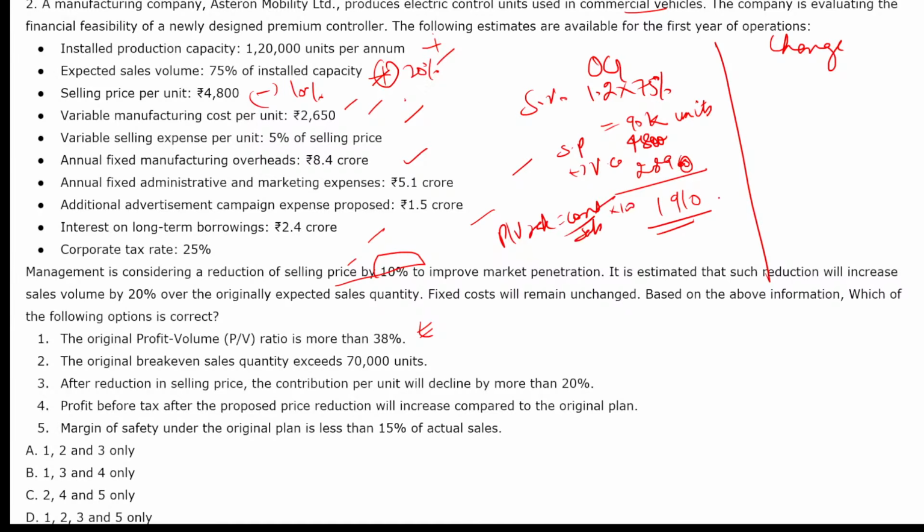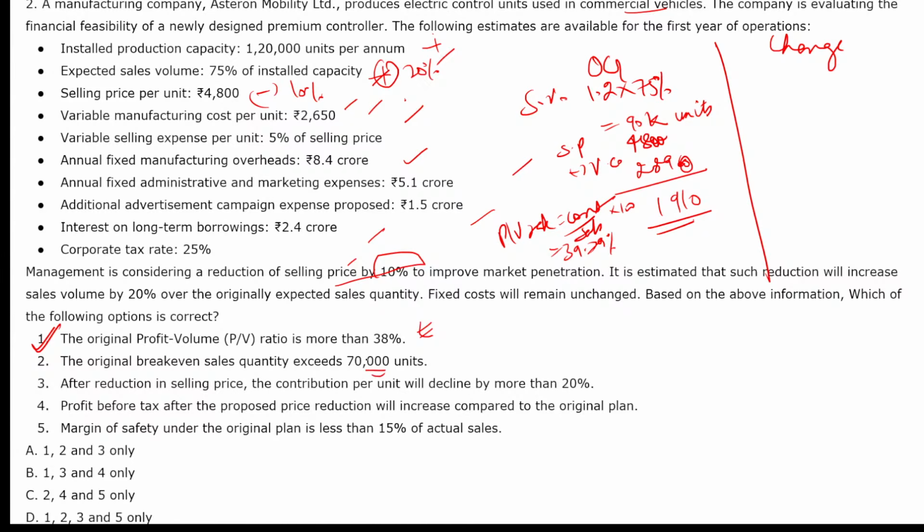So 1,910 divided by 4,800 into 100, which is 39.79%. So this is correct. It is 39% approx, which is more than 38%. So this is correct. The original break-even sales quantity exceeds 70,000 units.